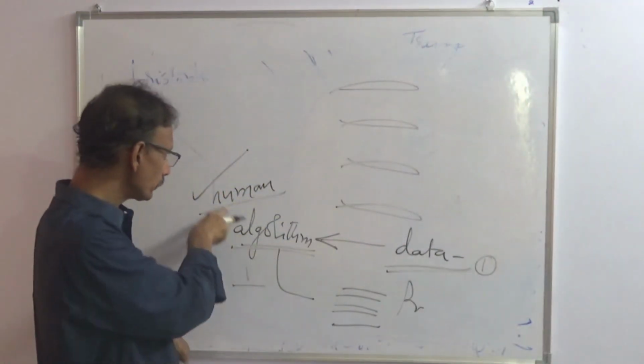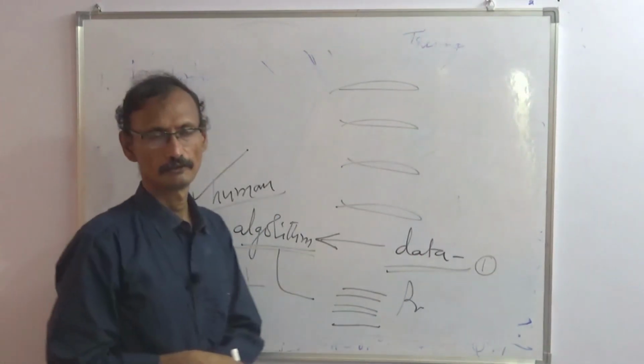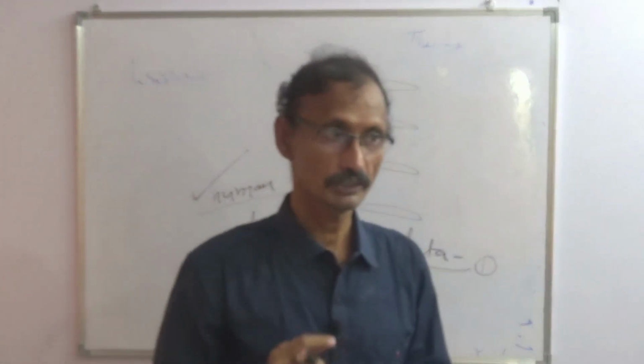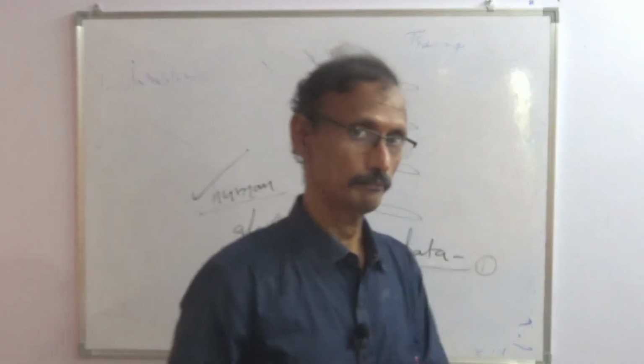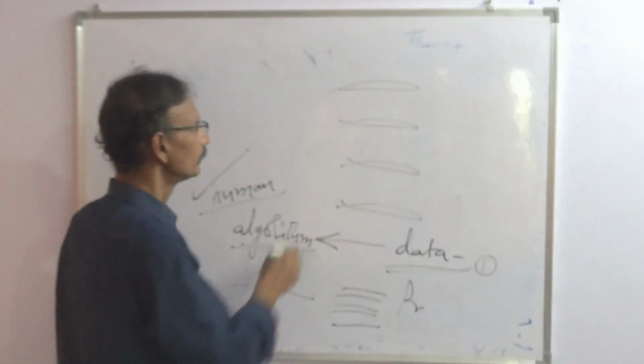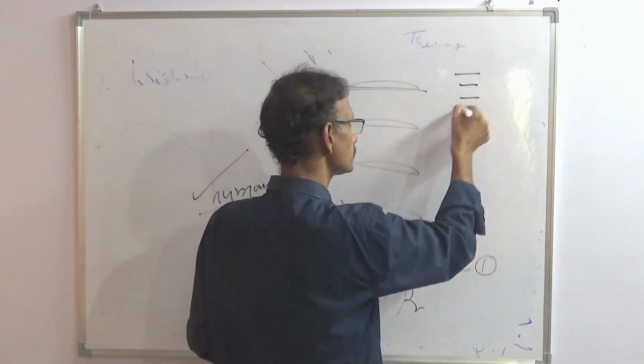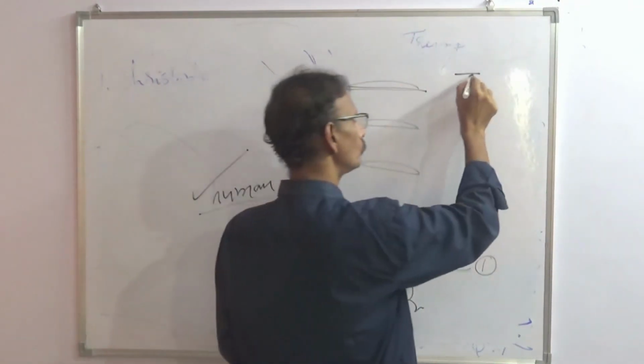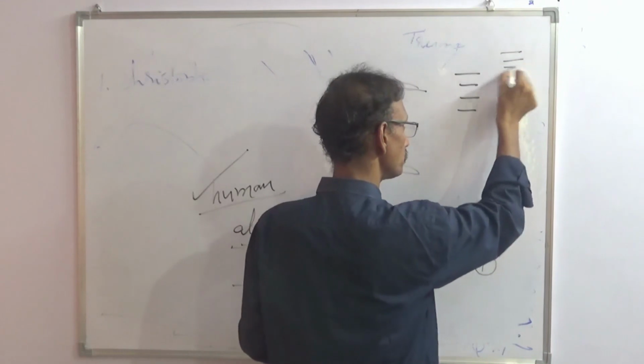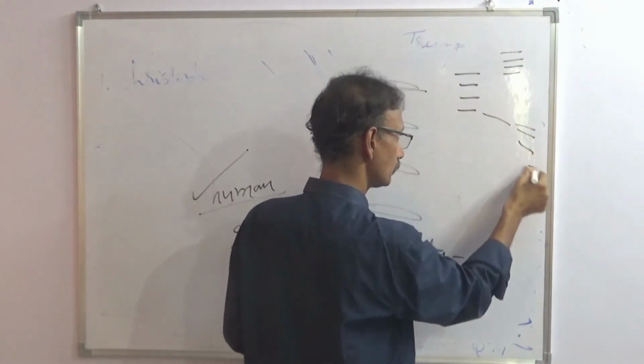Algorithm is developed by human reasoning regarding which variables are important in campaigning. And then to this segment, what videos you should send, to what blogs they should be directed, like this.